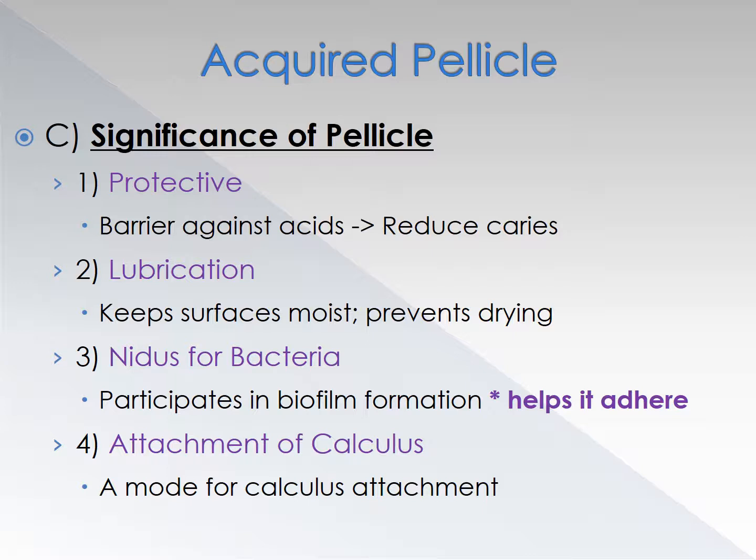So extrinsic factors that may interfere with pellicle formation and maturation include abrasive toothpaste, whitening products, and an intake of a lot of acidic foods or beverages. Okay, so we do need this acquired pellicle on there, and we don't want to remove it constantly. We don't want to disturb it that much.